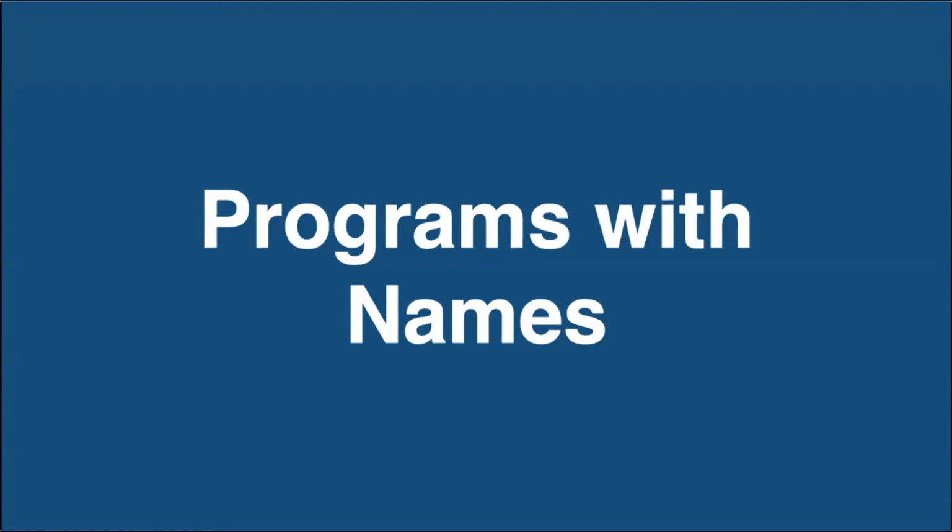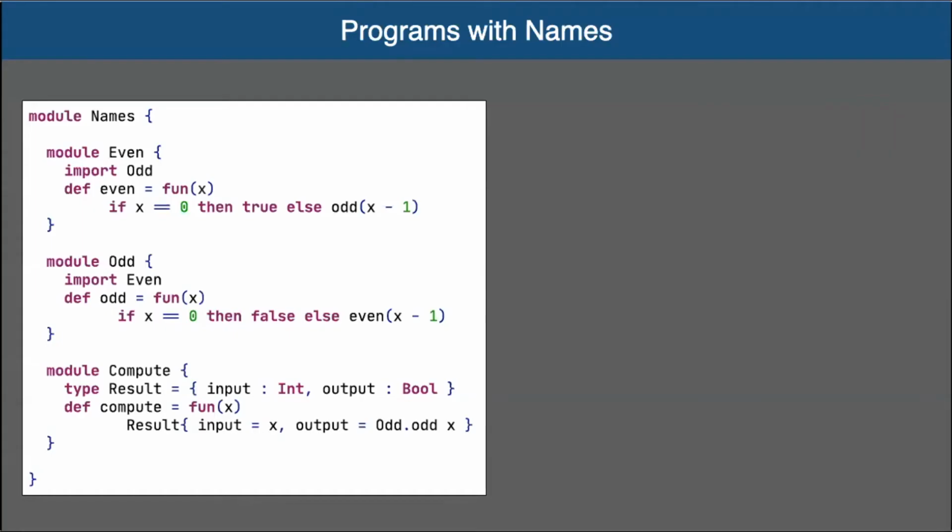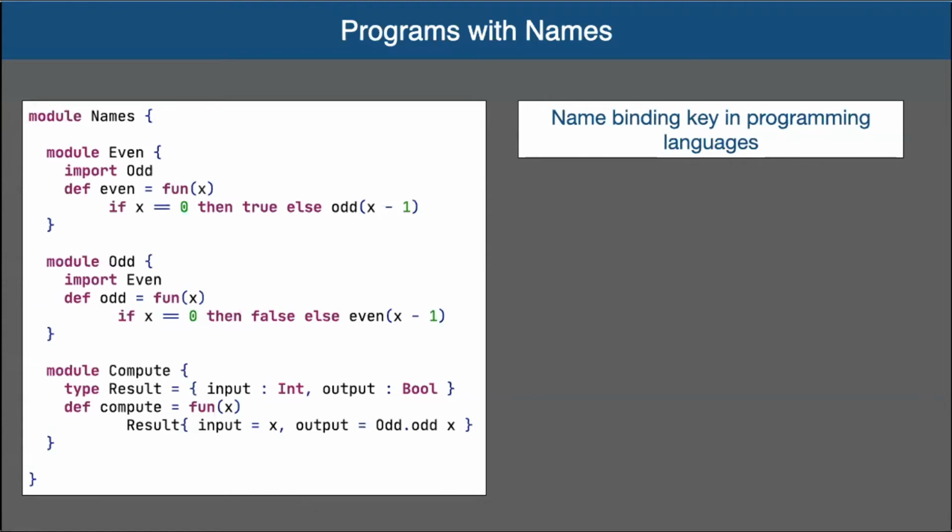So what is interesting about Statics is that it deals with name binding. It has a built-in notion of name binding. If we didn't have names in programs, then type checking would be fairly easy. But names are a key problem in programming languages.